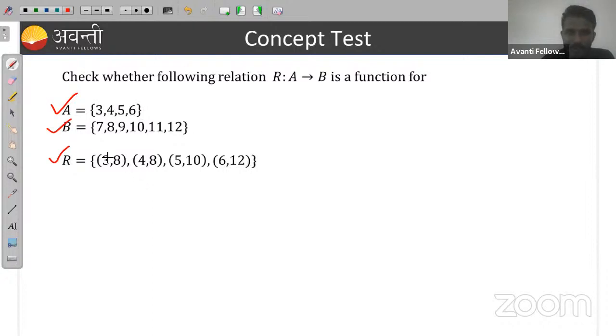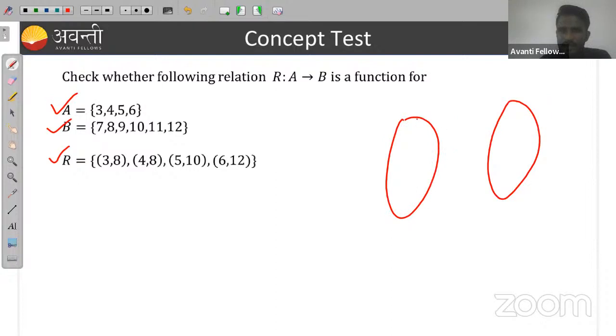You can see whether everyone has an image or not. 3, 4, 5, 6 are all related and they are unique also. For this kind of question, you can directly draw the diagram, that will be better. You can draw the mapping diagram like this with 3, 4, 5, 6 on one side and 7, 8, 9, 10, 11, and 12 on the other. In order to solve this kind of problem, it's always better to do this.